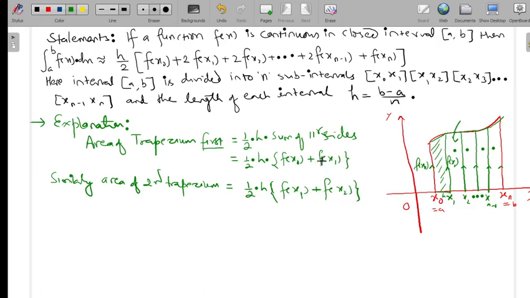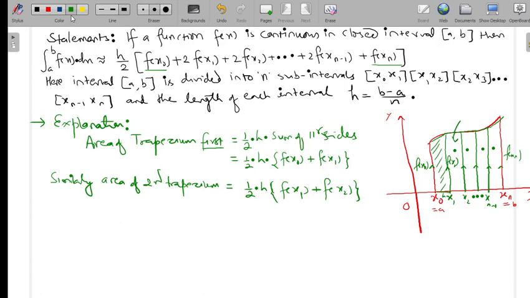It is repeated, so the middle is twice f x1. The first term and last term are used singly, but the others are used twice.